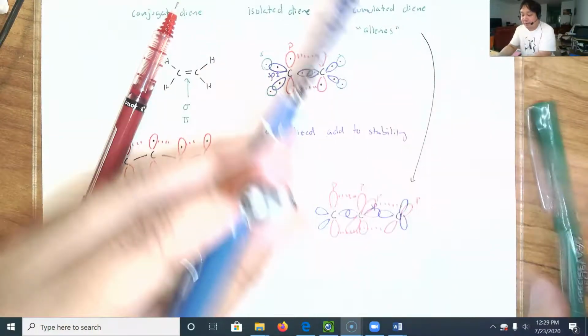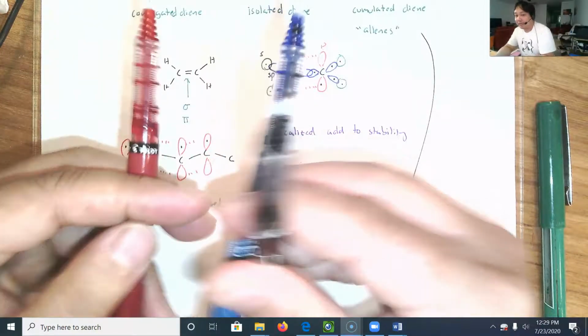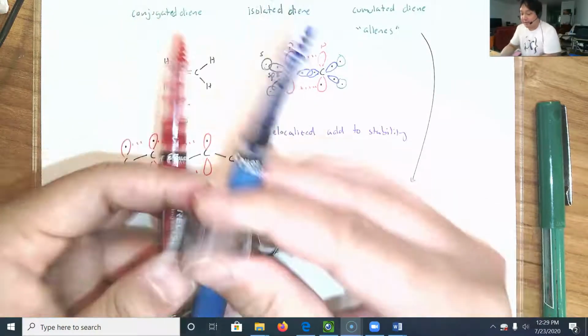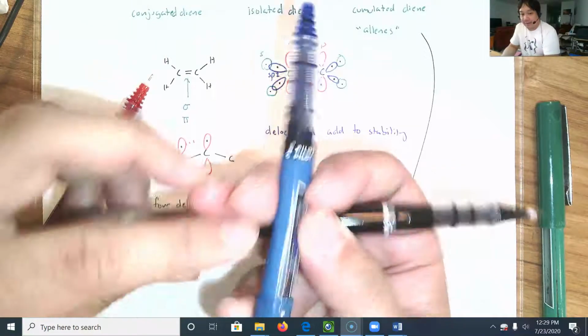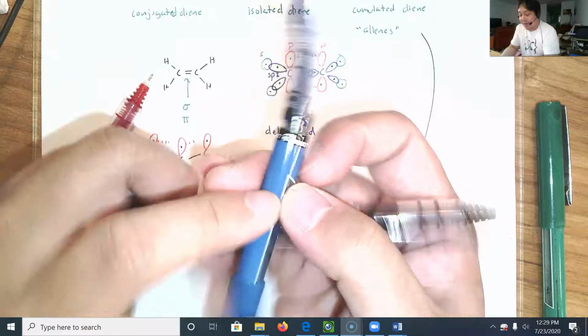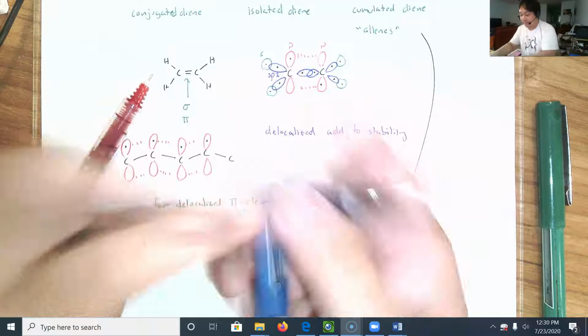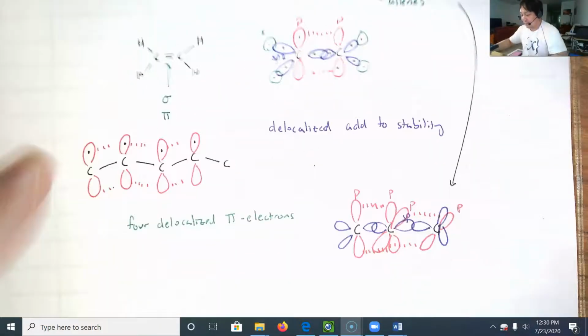And there's no way for the blue-red electrons to jump over to the black and green because there is no overlap. See, that's not an overlap because right in the middle is the atom carbon. So there is no overlap. There is no pathway to go from one pi bond to the next. Again, this is hard to visualize at first.